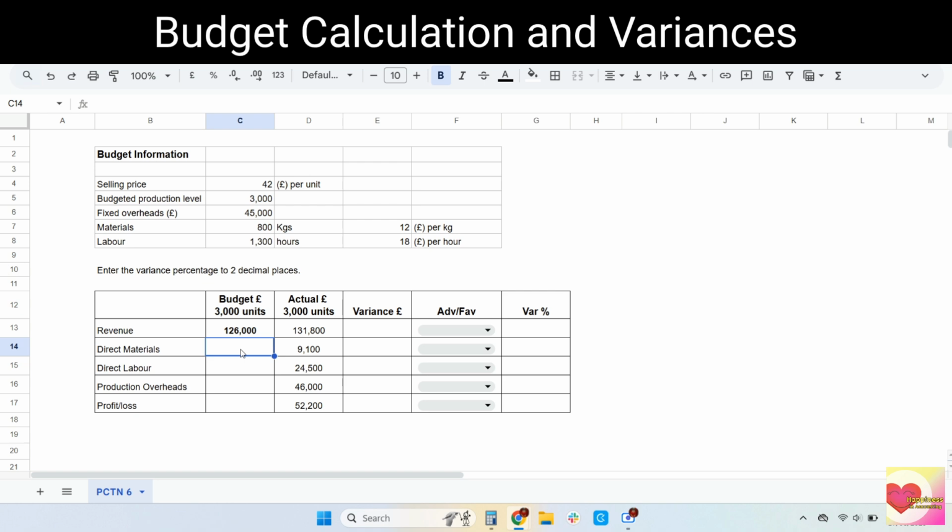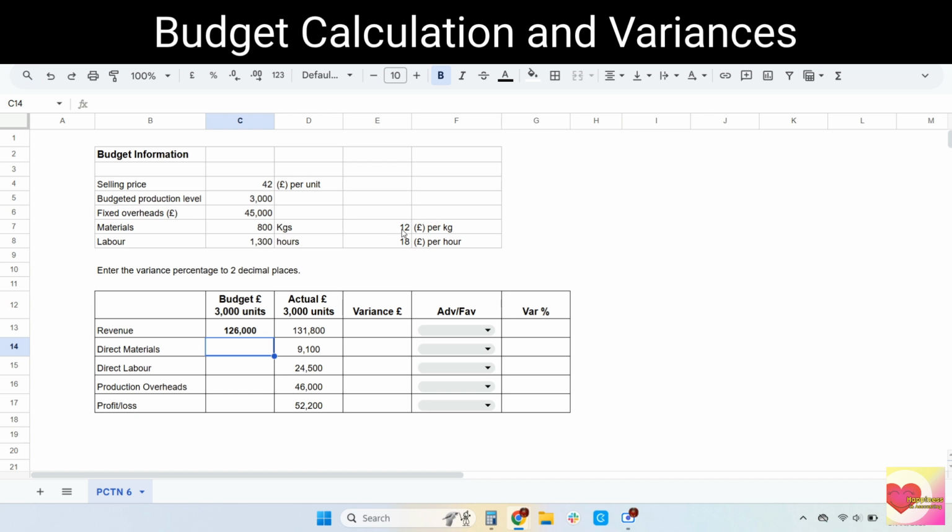Next is direct materials. We can see in the budget information, the materials is 800 and it says here kilos. So the 800 is the number of kilos and not the amount of the materials. Then it says here 12 pounds per kilo.